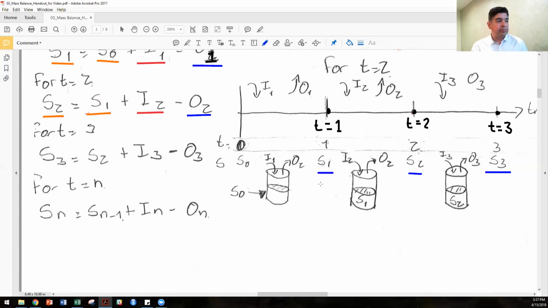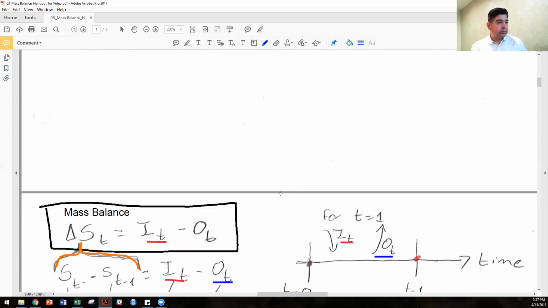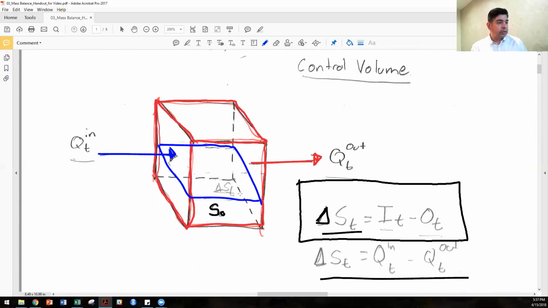That's a mass balance approach. Okay, and we're going to be following that bucket, and these buckets are the control volumes that I explained to you here. And then we're going to be counting throughout the time what was the initial storage and water that was coming in and out, and then recording at different time steps.